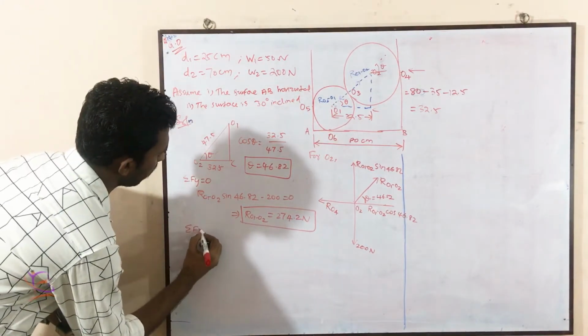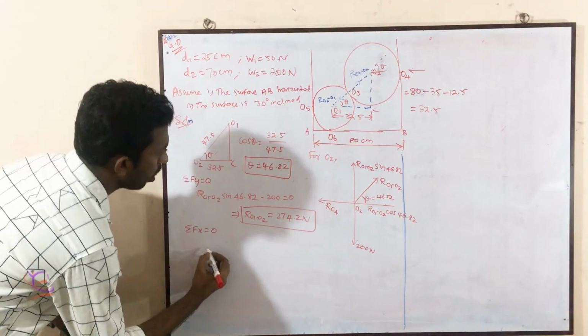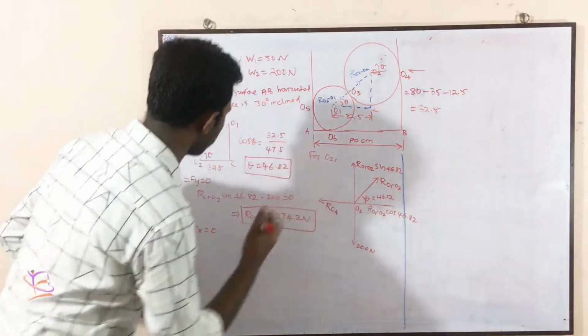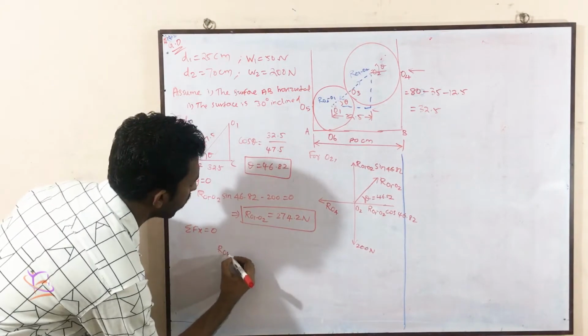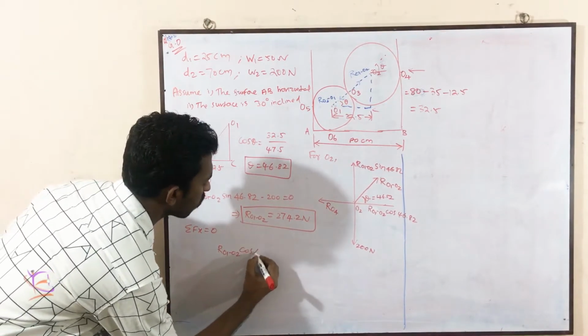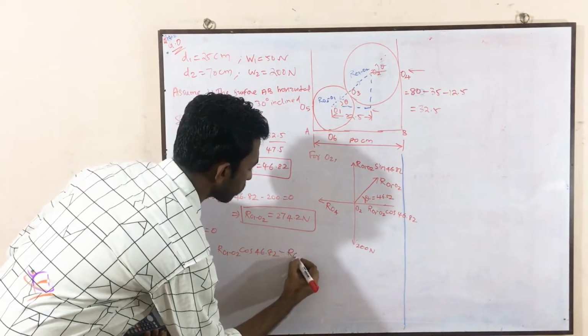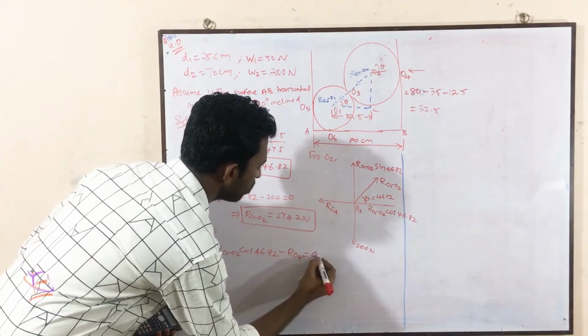Now summation Fx equal to 0. Fx means horizontal. Two things are unknown, so you can write R O1 O2 cos 46.82 minus R O4, opposite direction, equal to 0.